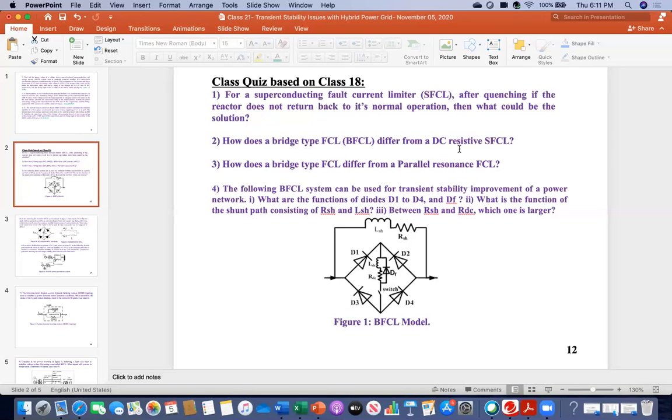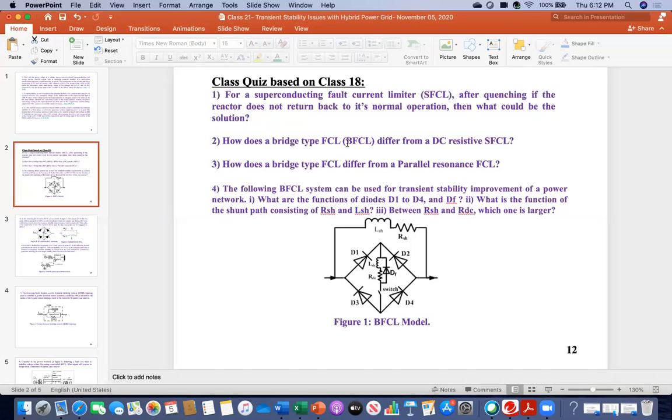There is a rectification system, but it is still a superconducting fault current limiter. Manoj is right, the DC resistive SFCL requires the cryogenic system to maintain superconductivity. It needs a refrigeration system. But the BFCL does not require it. It is not superconducting.